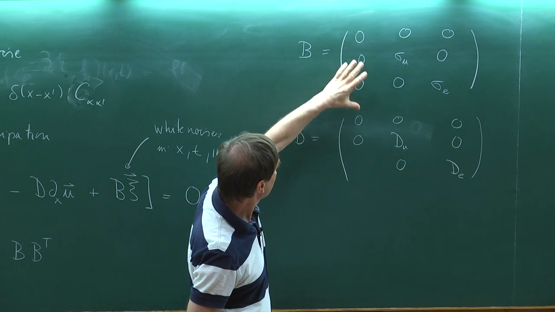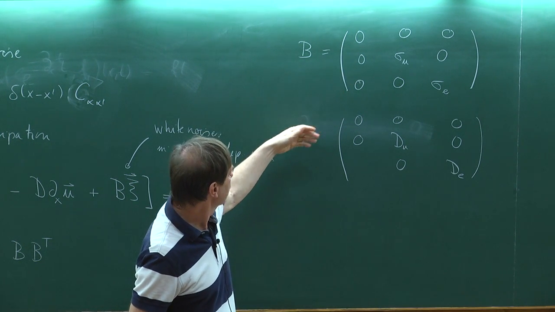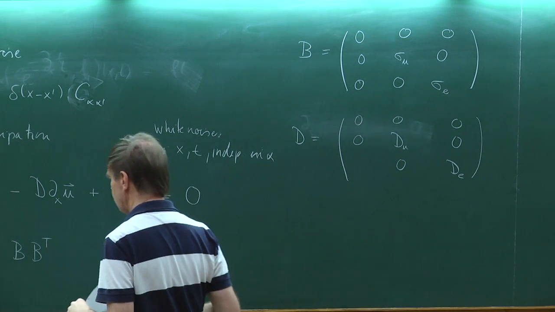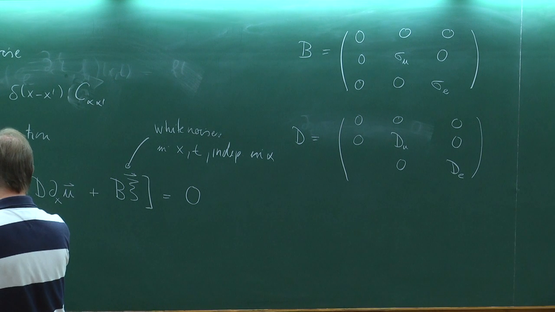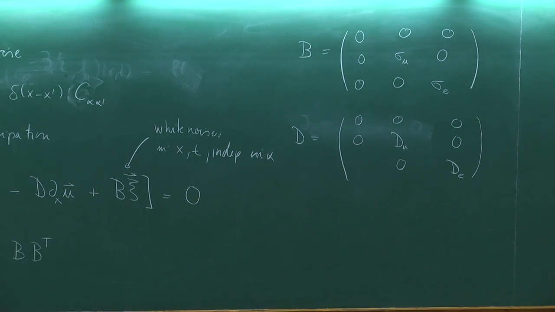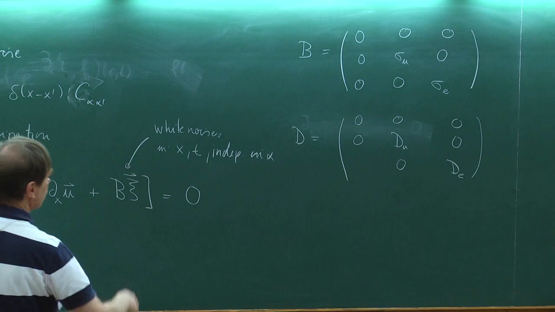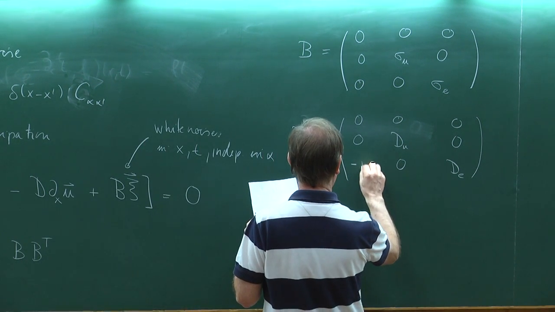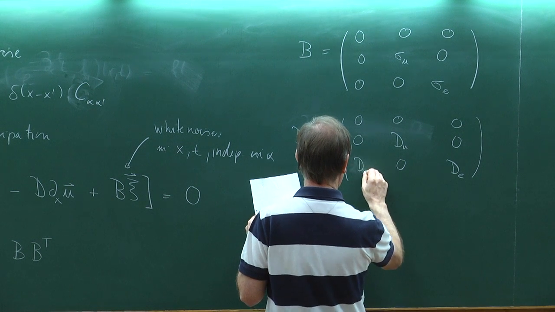The zero component has then no coupling to the other ones. So that's maybe not such a good idea. In fact, you cannot satisfy this equation in this way, because the C has matrix elements which couple. And what you find is that there's another coefficient sitting over here, which I call D_E twiddle.